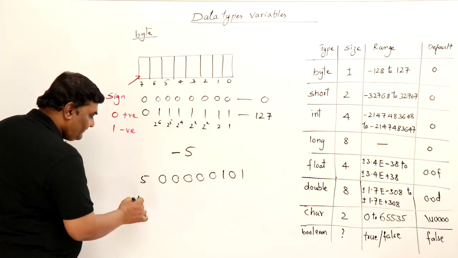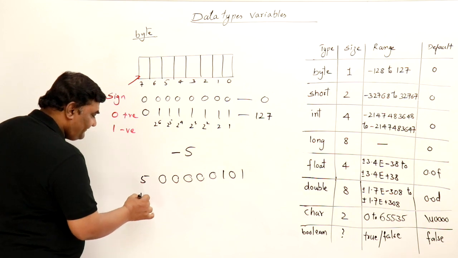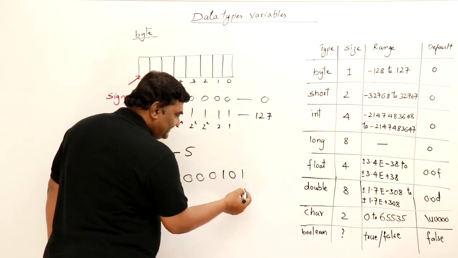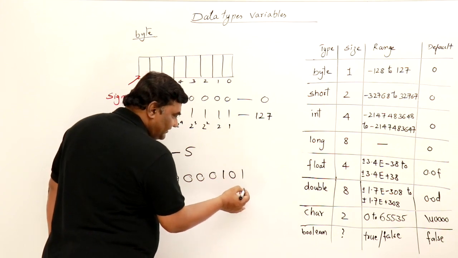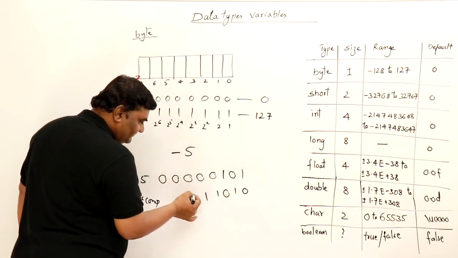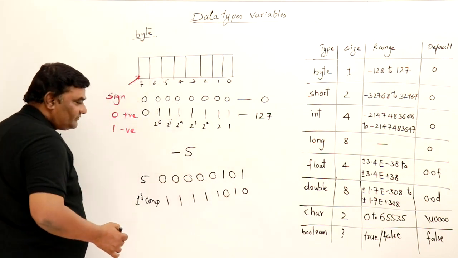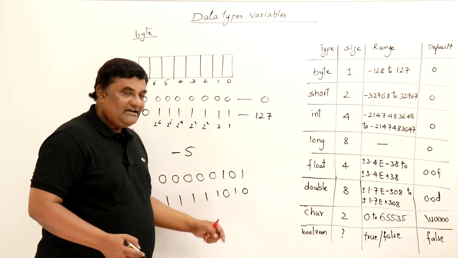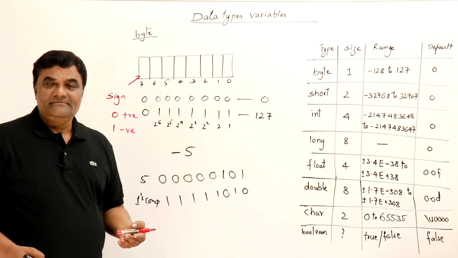Then what is its 1's complement? First we will find out the 1's complement. 1's complement means all these bits are inverted, or the inverse of the bits is taken. So this is 0 and this is 1 and this is 0. This is 0, so it becomes 1, and 1, 1, 1, 1. So zeros have become 1 and ones have become 0. This is called the ones complement.